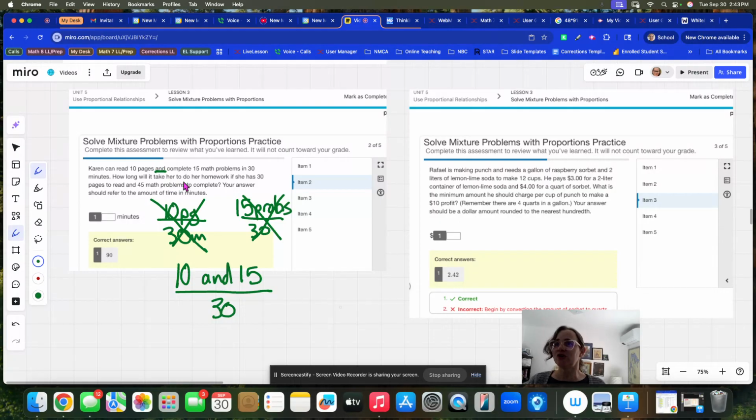How long will it take her to do her homework if she has 30 pages to read and 45 math problems to complete? Your answer should refer to the amount of time in minutes. Okay, well that's no big deal because the 30 is minutes. And so now what I want to know is how much time is it going to take?